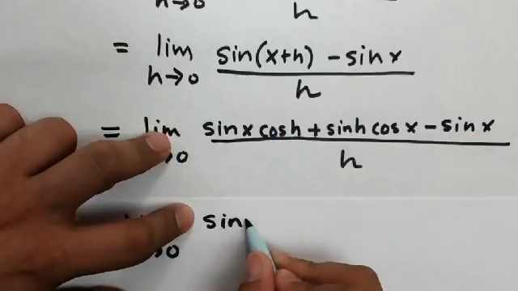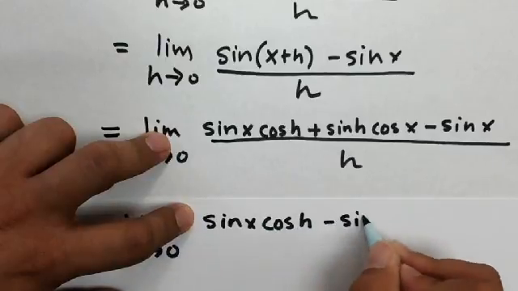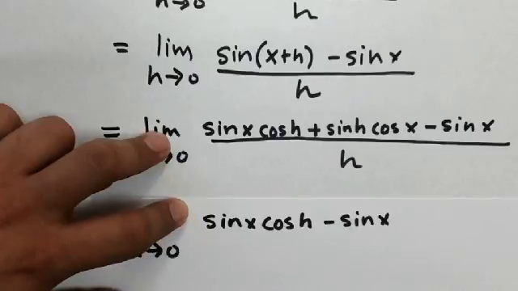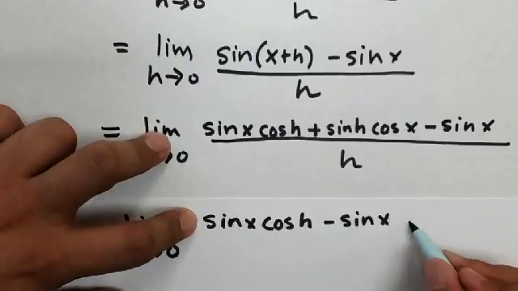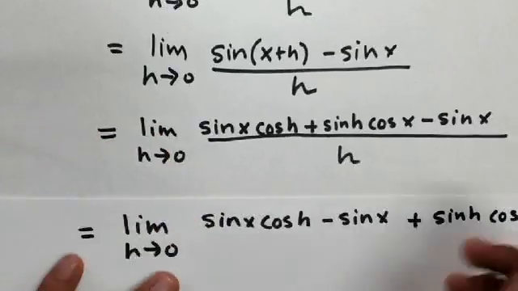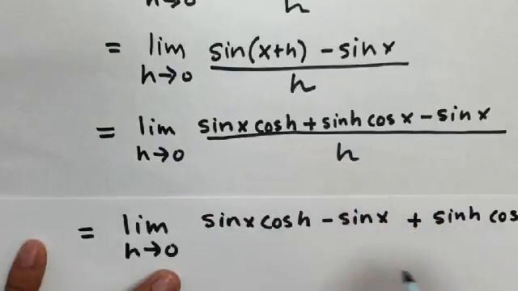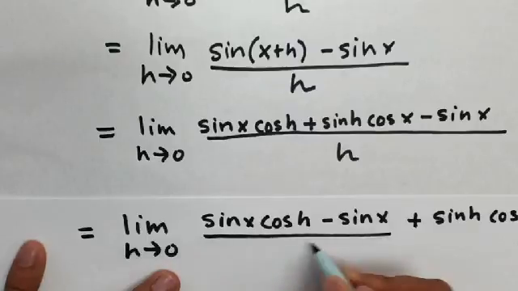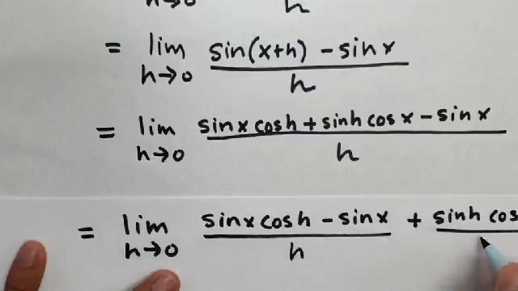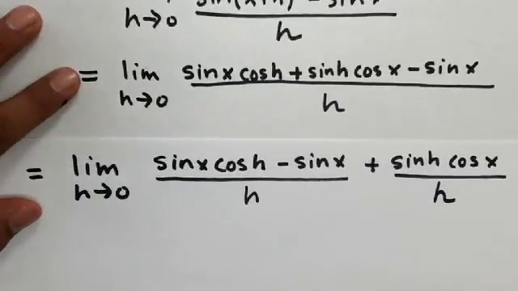That way I get sine x cosine h minus sine x on this side, plus sine h cosine x on this side. Now, since I am dividing the whole thing by h, isn't it the same thing if I divide this part by h and I divide this part by h? Wouldn't it be the same? Sure.